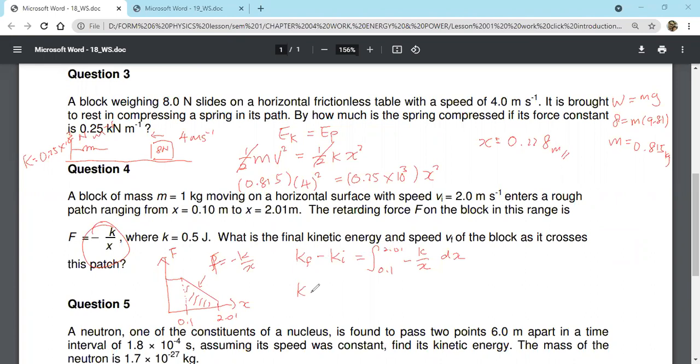Final minus initial, how much? Initial kinetic energy is 1/2 m v initial squared.